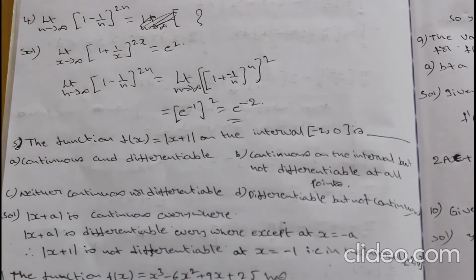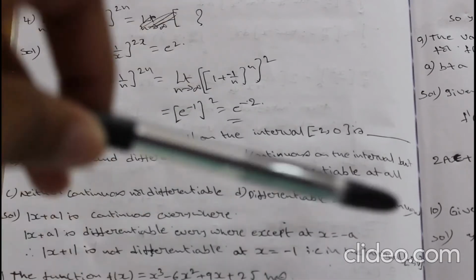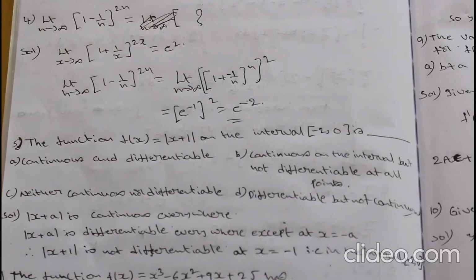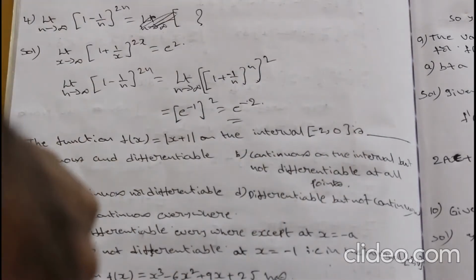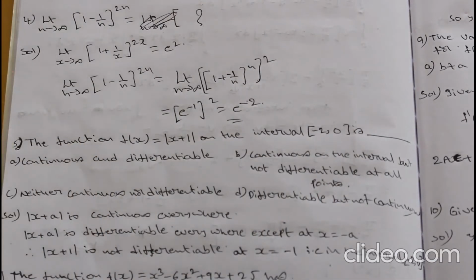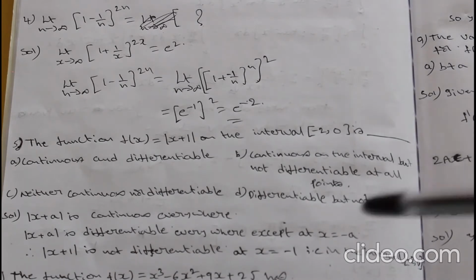It is continuous everywhere and differentiable everywhere, but only at x is equal to minus a it is not differentiable, because that will be minus a plus a is equal to 0. So it is continuous everywhere, but not differentiable at only one point, x is equal to minus a, and remaining everywhere it is differentiable. That means option B is correct.